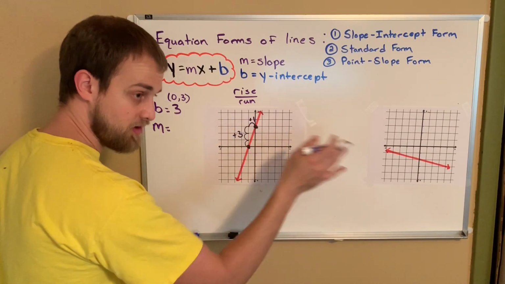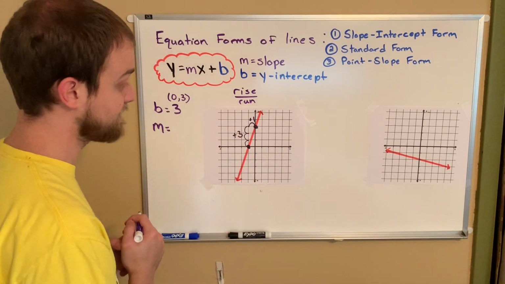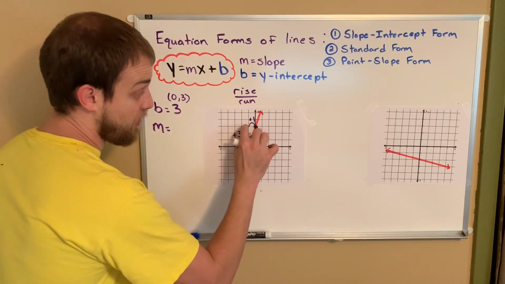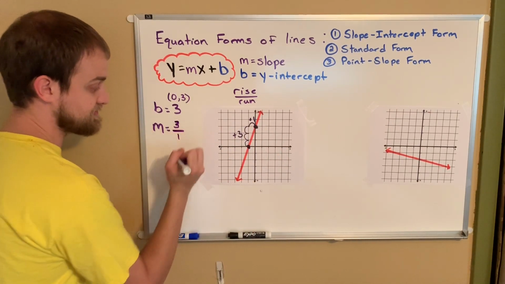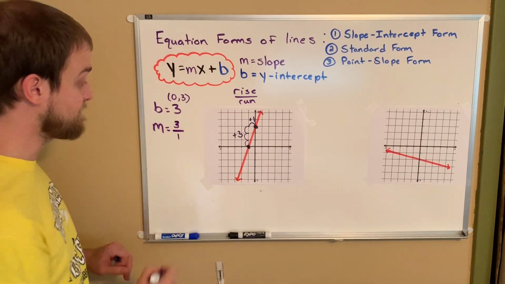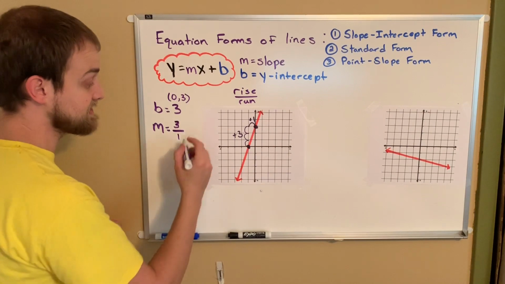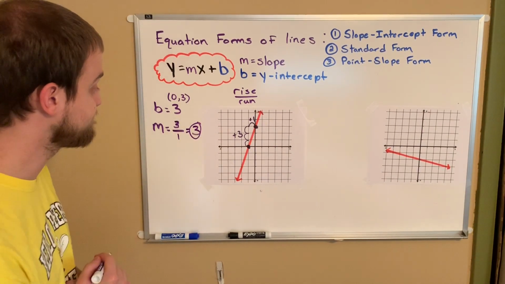That's a +1. Remember, to the right is a positive movement, up is a positive movement. My rise over my run is going to be my slope. So 3 over 1 is my slope. And I can do a little bit better than that because we want it as clean as possible when we write this as an equation. 3 over 1 is just the whole number 3.